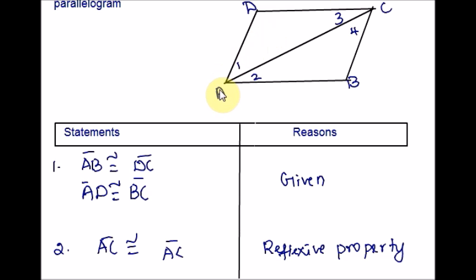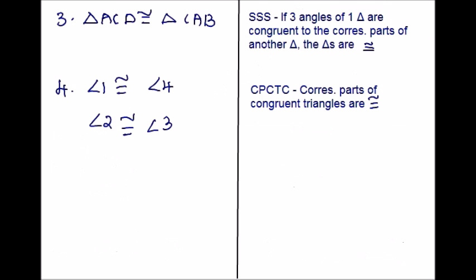So far we proved that this triangle is congruent to this triangle. So what will happen? Angle 1 is congruent to angle 4. Same way, angle 2 is congruent to angle 3. We know that corresponding parts of congruent triangles are congruent. In short, we say it as CPCTC. Now we are going to use one property of parallel lines cut by a transversal.